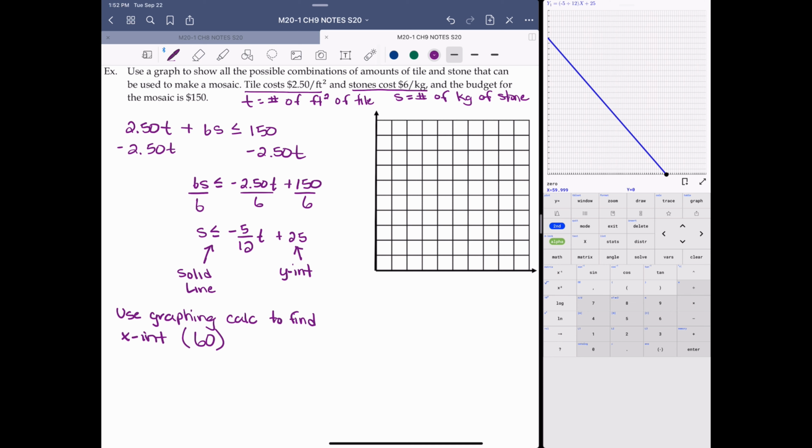Now we can graph. So we need a title. Let's say this is a budget for the mosaic. So let's say mosaic budget. We made our t value the x, and it goes from 0 to 60.